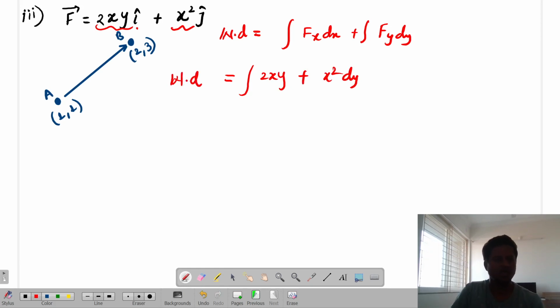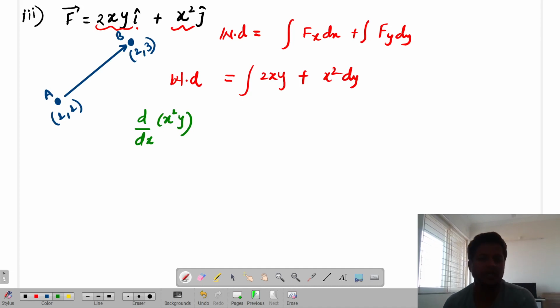Now, just imagine one thing. Let's suppose I take a differentiation d by dx of x square y. You will see a chamatkar then.